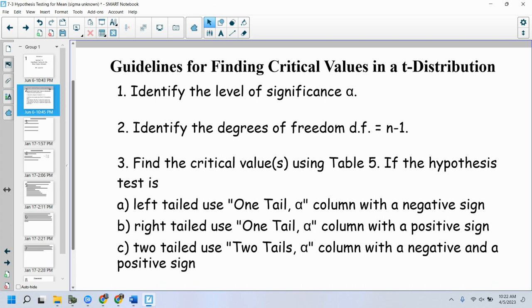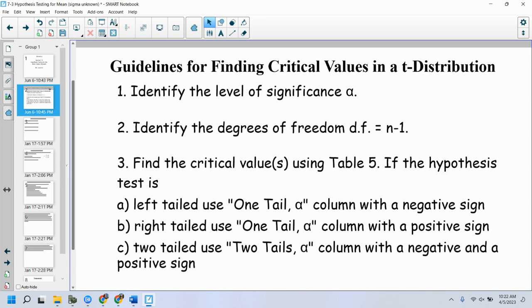If it's one tail alpha, well, that's either a right tail or left tail, right? Now, if it's a left tail, just use these straight up numbers. If it's a right tail, you use the opposite of these numbers, right? Because, I'm sorry, I said that the opposite way. If it's a left tail, you want the negative score. If it's a right tail, you want the positive score, right?